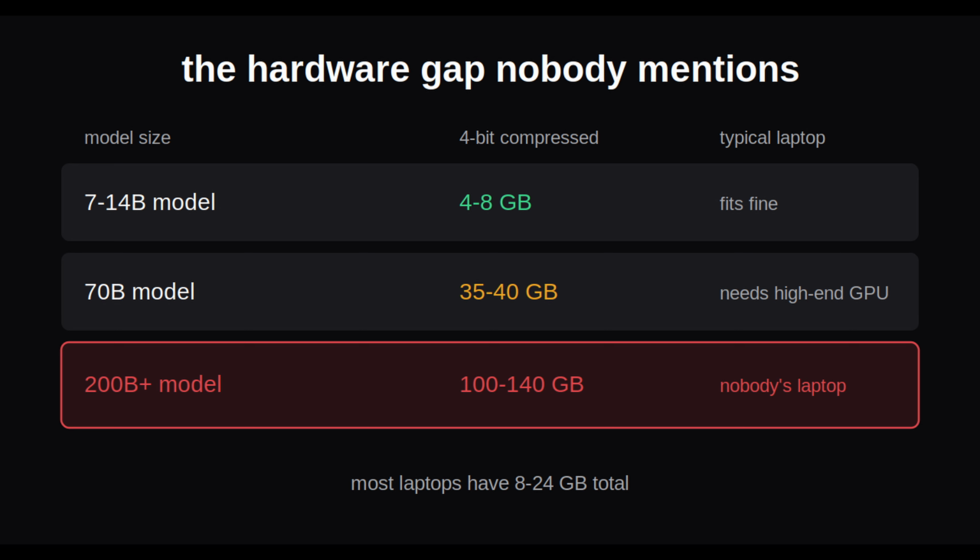When someone without the hardware tries it, one of three things will happen: it fails to load completely, or it runs off your CPU and regular RAM at a crawl, or we are talking less than one word generated per second, meaning it's really slow.